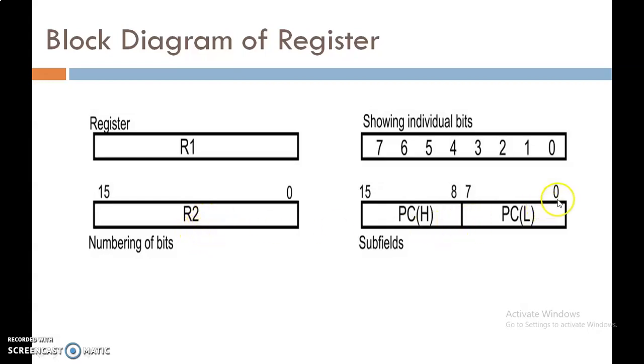The 16 bits are denoted as 0 to 7 bits and then 8 to 15 bits. 0 to 7 bits are called lower order bits. So here I write PC(L), lower order bits of program counter. And the second part is PC(H), which contains the bits 8 to 15, high order bits of program counter.